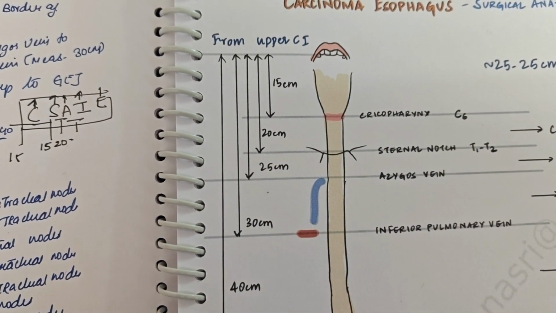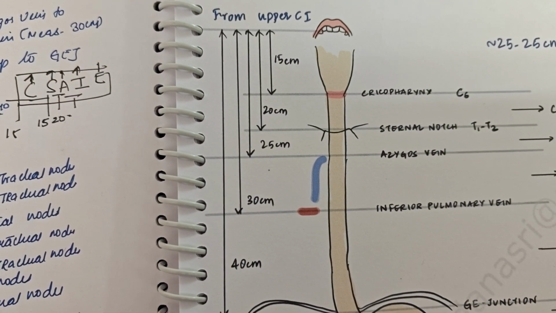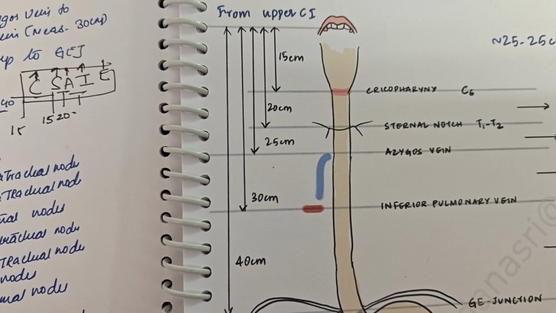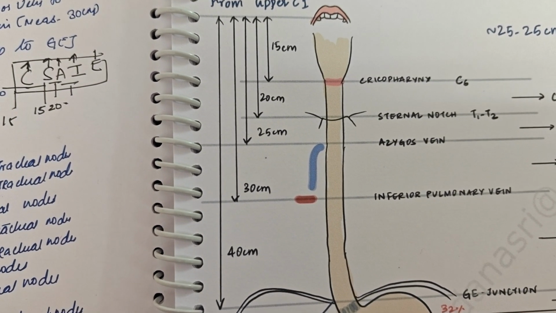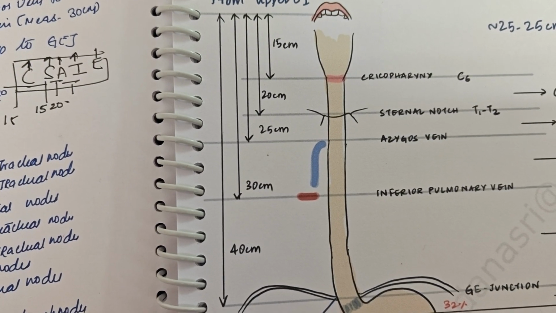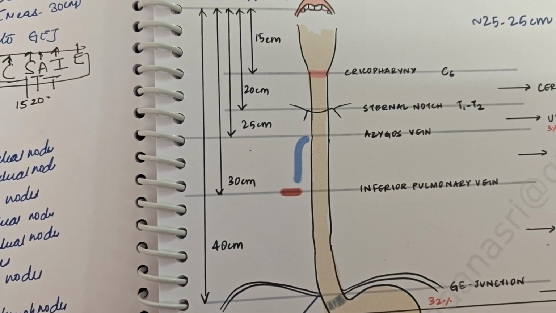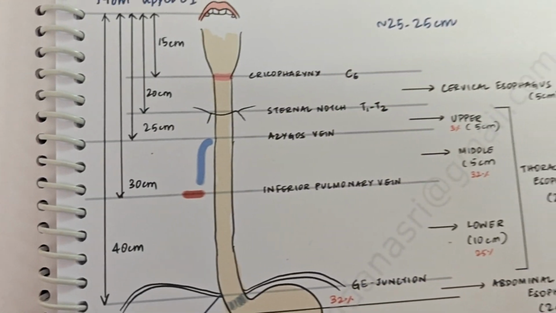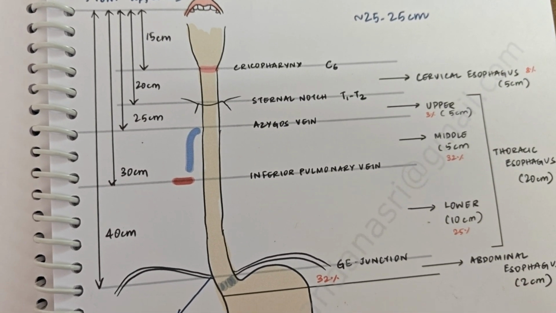This is the cricopharynx, where the inlet starts, the part of the inferior constrictor that we have already discussed. The distance between the cricopharynx and the sternal notch is known as the cervical esophagus.